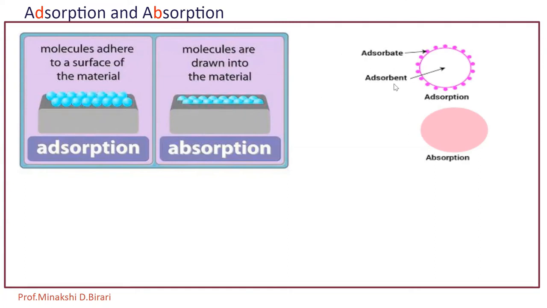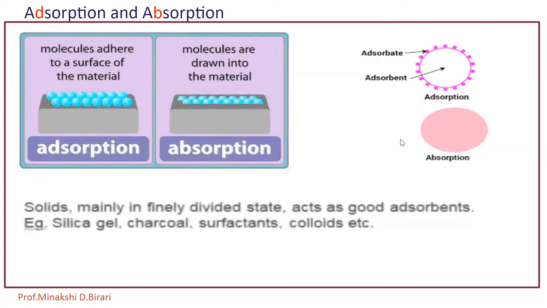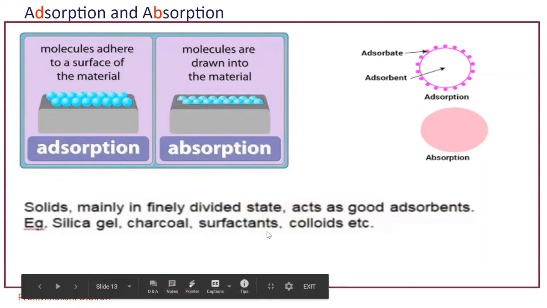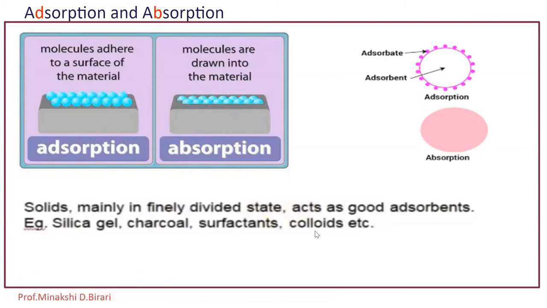What are adsorbate and adsorbent? We have studied now. The substance which adsorbs another substance is called adsorbent, and the substance which is being adsorbed is called adsorbate. Solids, mainly in a finely divided state, act as good adsorbents. For example, silica gel, charcoal, surfactants and colloids may be used as adsorbents.